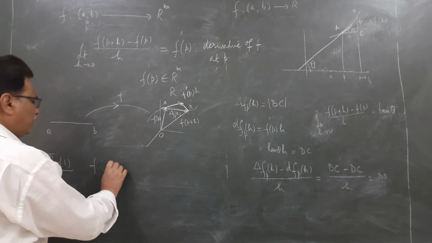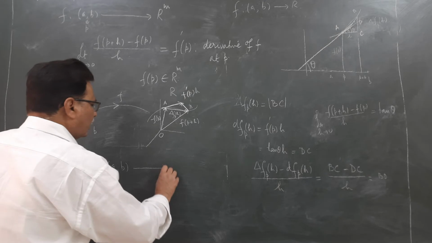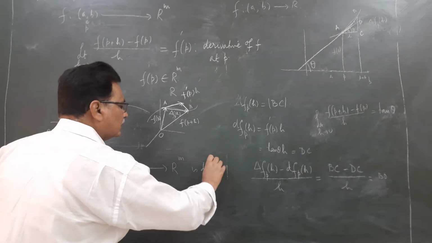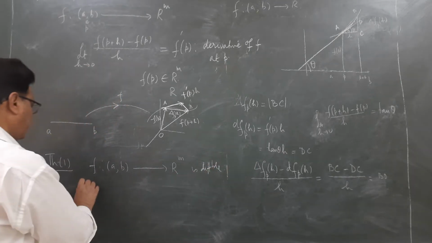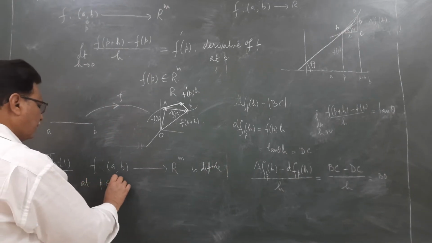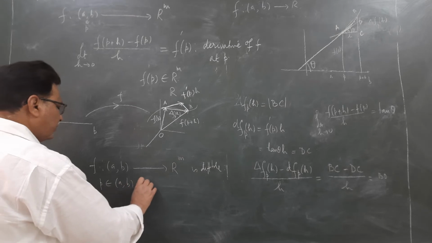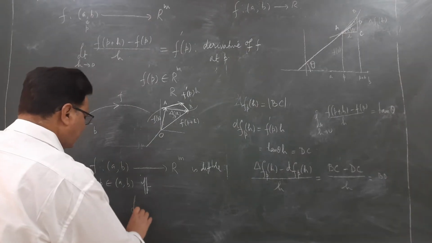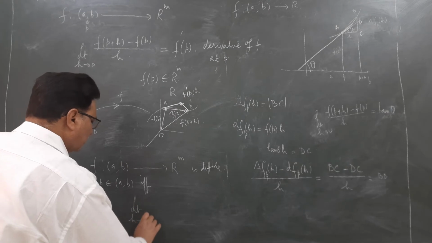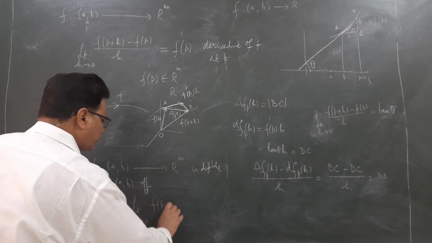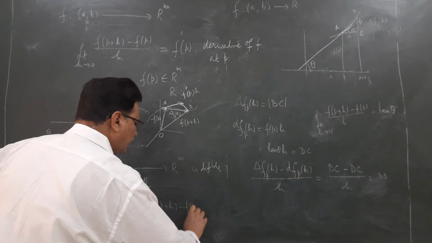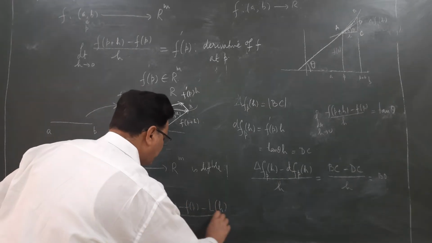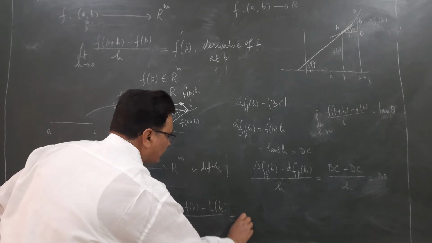F from AB to Rm is differentiable at P if and only if the limit as h tends to 0 of f of p plus h minus f of p minus Lh upon h equals 0.